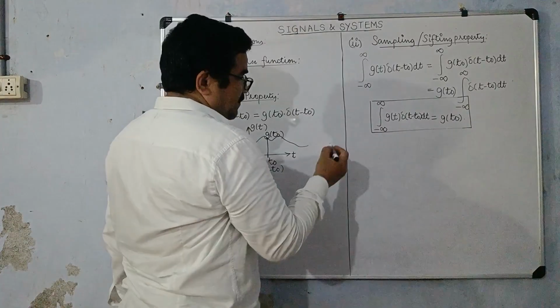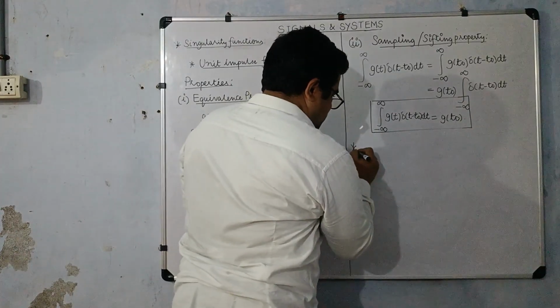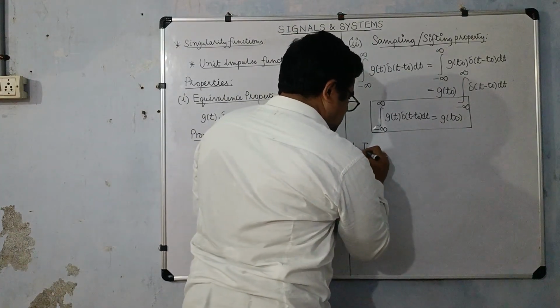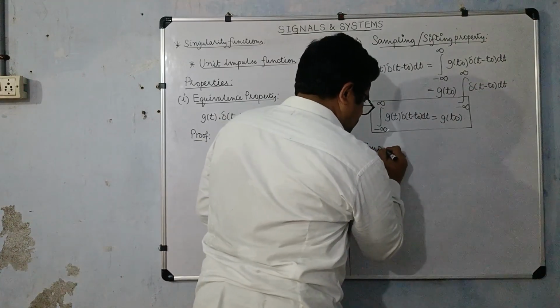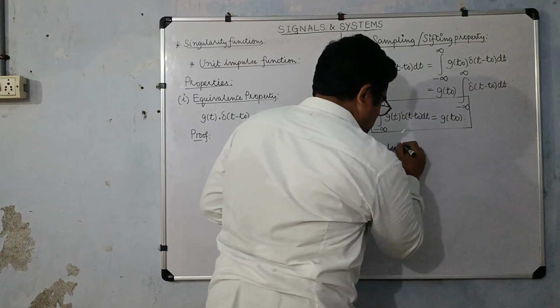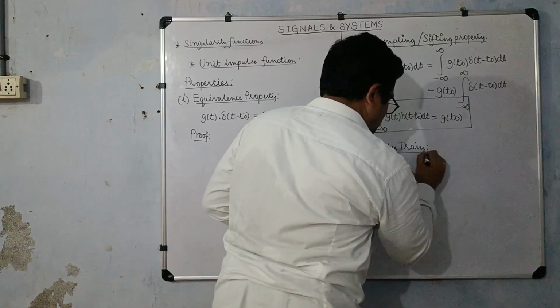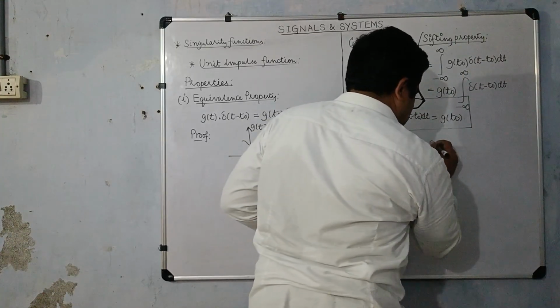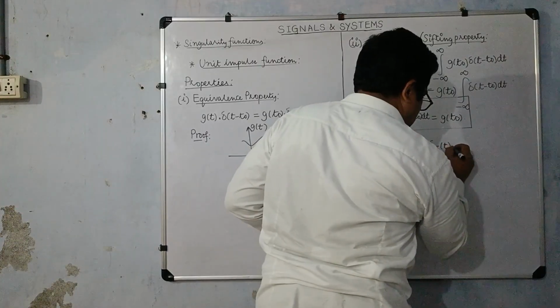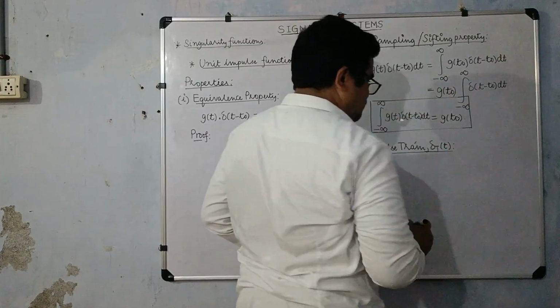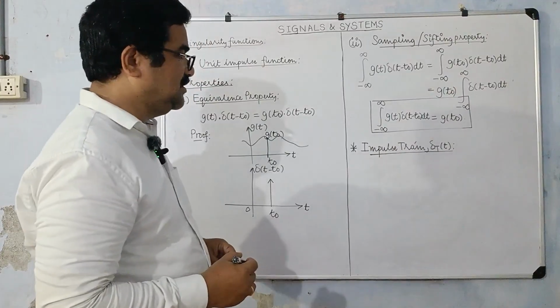Now there is another function which is the impulse train, represented as delta T of t.